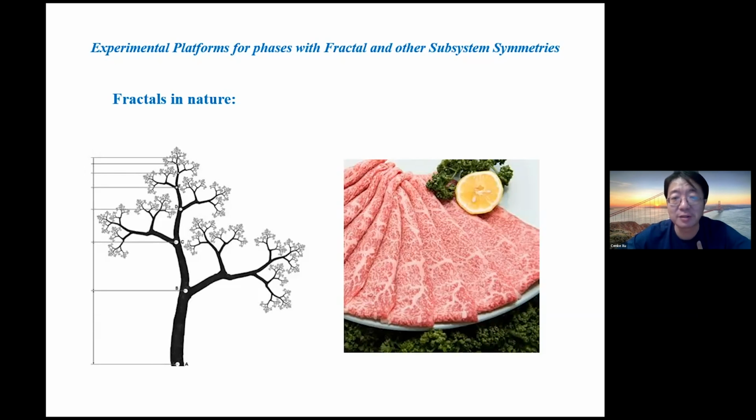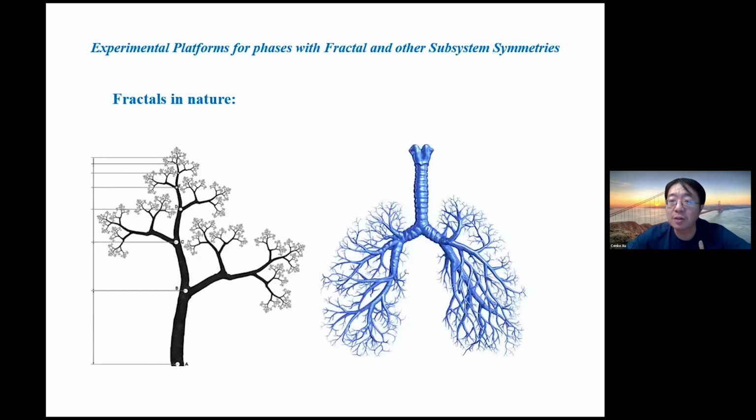If you're interested, you can look at those papers. Another example: the human lung also has a fractal geometry, because the bronchi also have this kind of branching structure. So there's also a fractal dimension and self-similarity in the human lung as well.